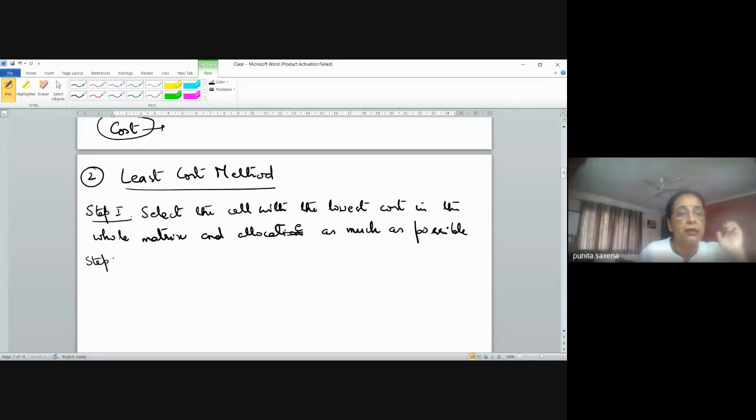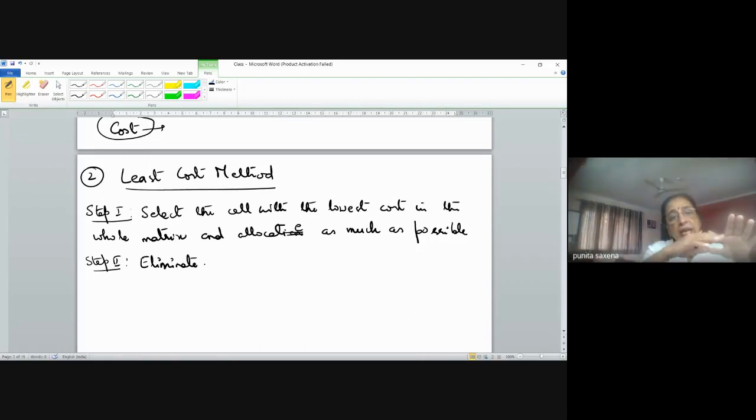Okay. Then step number two would be to eliminate. See, once we do this allocation, either the supply or the demand would be exhausted. That means either the supply would be exhausted or the demand would be fulfilled. So if the supply gets exhausted, that particular source cannot supply to anybody else, right?